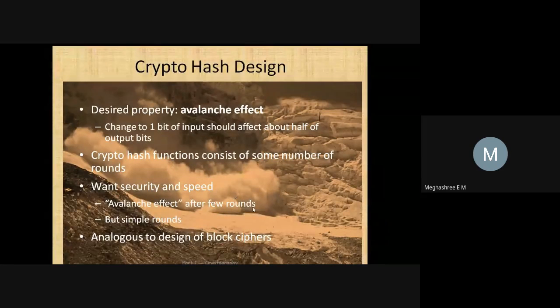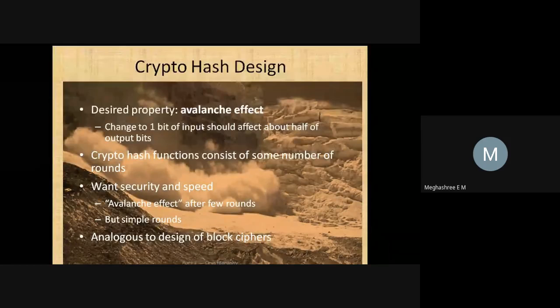In the same way, the hash functions that I'm going to discuss in the next slide follow the avalanche effect. That means if there is a change in one bit of input, the output bits will also change. The hash function that I'm going to discuss consists of many rounds, and in each and every round you can find the changes.